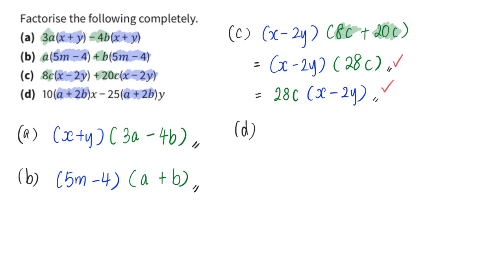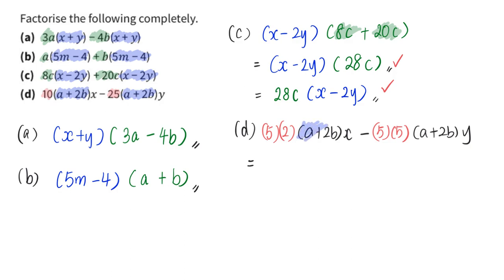So to solve this particular problem, the better way would be for 10 and 25 to rewrite it as 5 times 2, I still have my a plus 2b, minus 5 times 5 times a plus 2b times y.